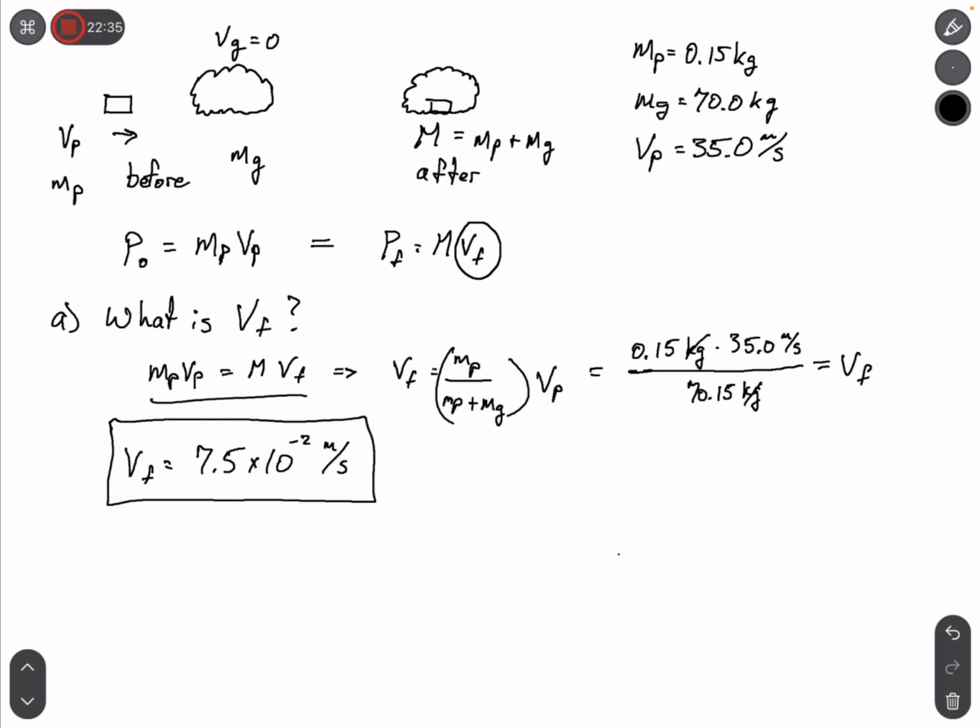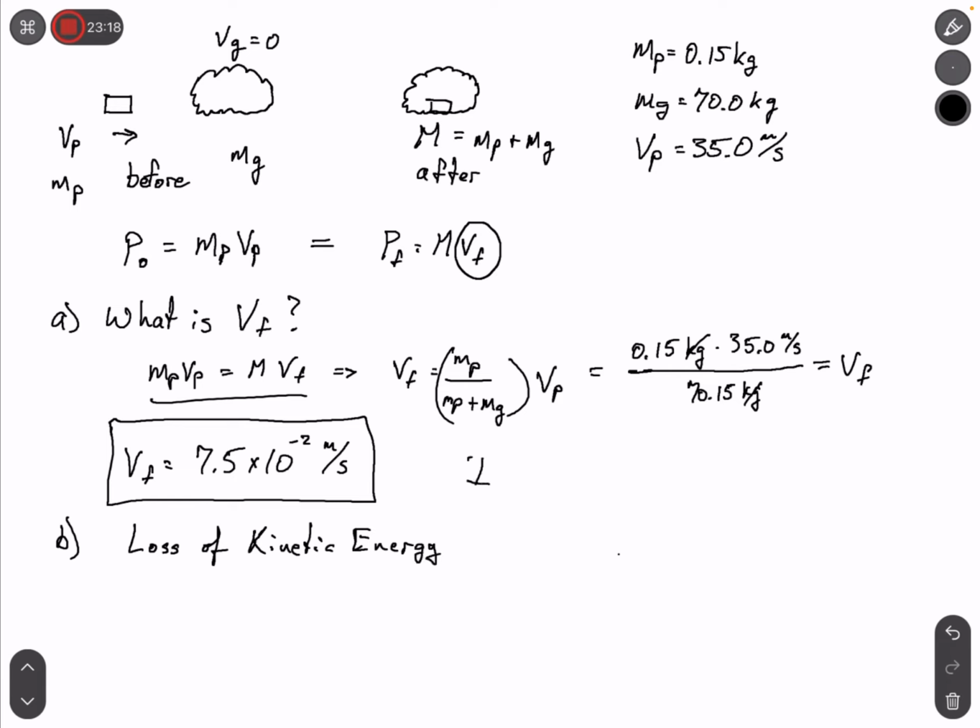Okay, awesome. B, what is the loss in kinetic energy? So how much energy did we lose for this whole thing? How much energy was transferred? We'll talk about where it was transferred from and to in a second. What would you say the loss would have to be?